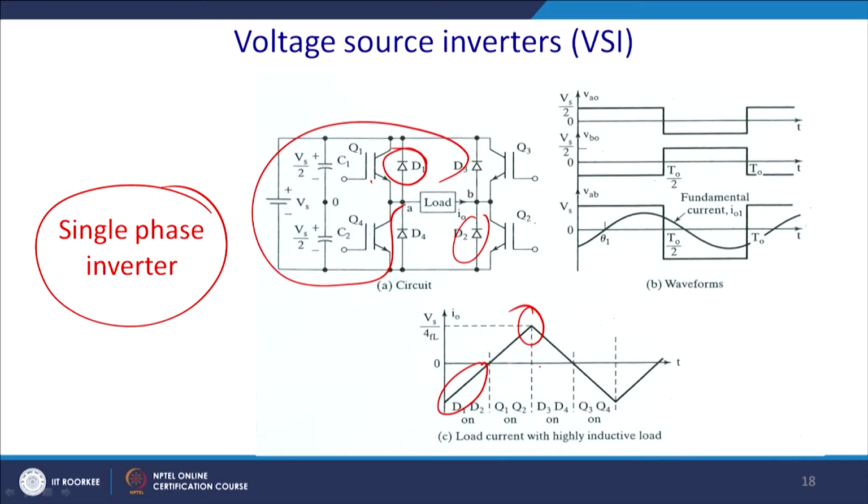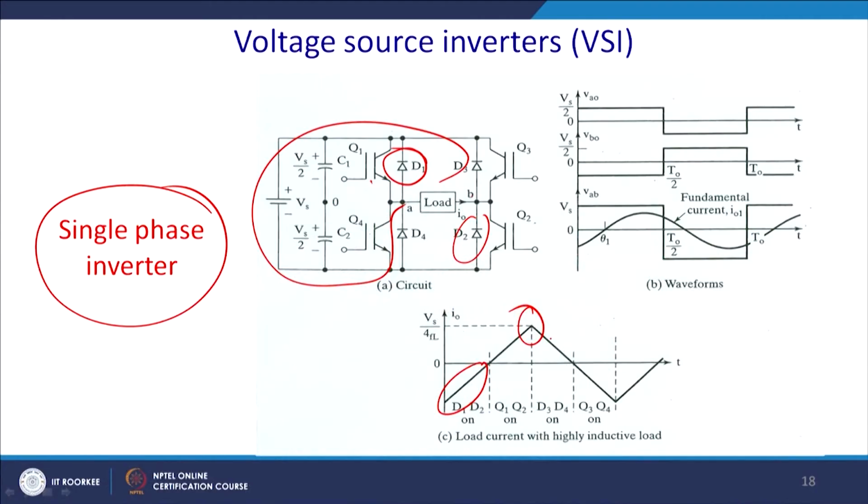Once D3 and D4 conduct, as I have always said, once a diode conducts, the current falls. So ultimately the current will gradually fall. Once it is close to 0, you are supposed to turn on another pair of switches, Q3 and Q4, and that will be continued and so on. This is called the square wave operation of the inverter for highly inductive load.